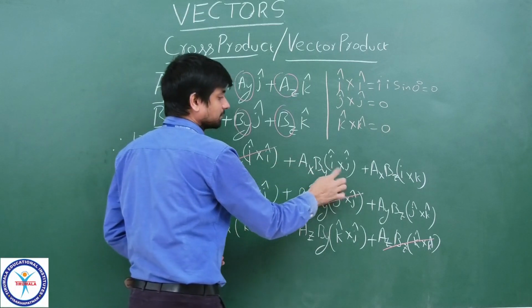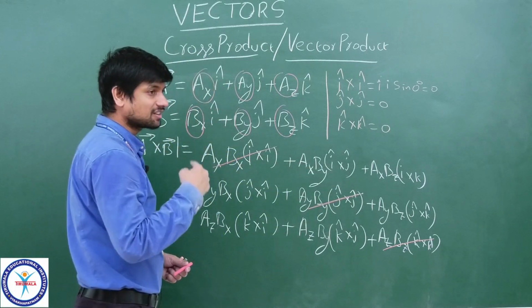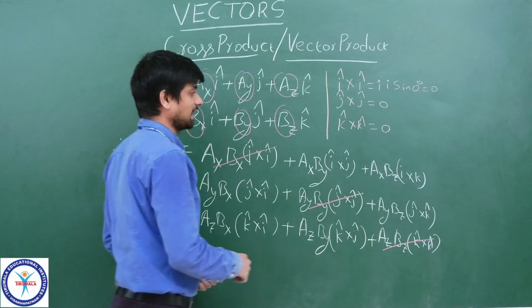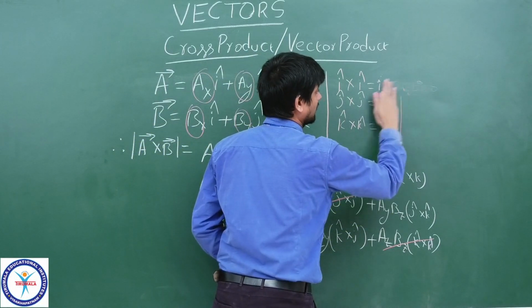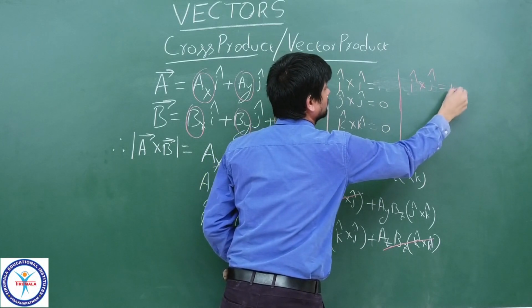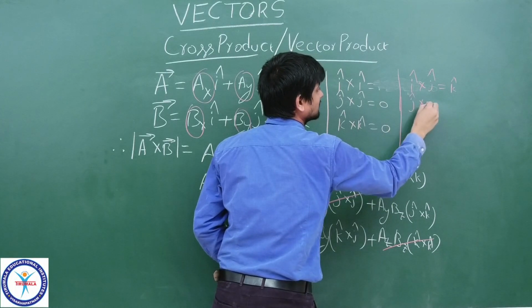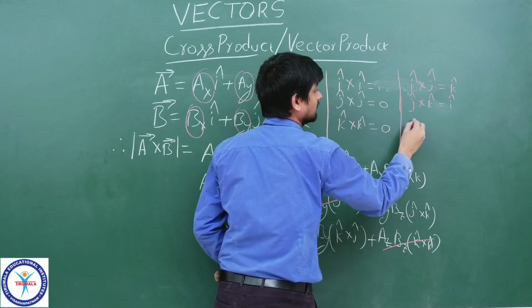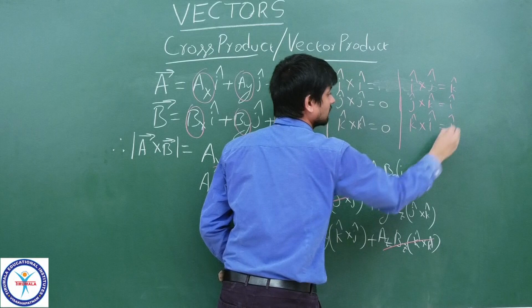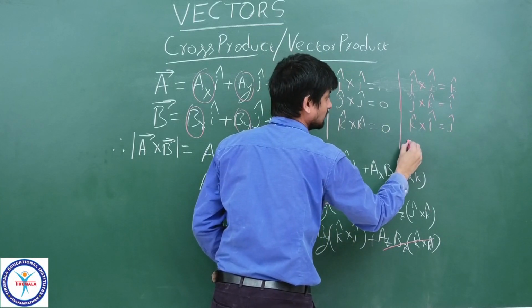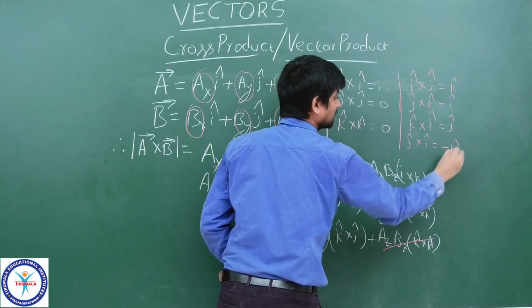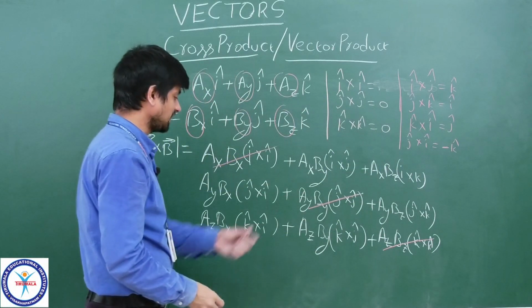Again, i cross j, what is that? k vector. i cross j gives you k vector. I am writing here, children, arranging this. i cross j gives you k, j cross k gives you i, k cap cross i cap gives you j. But in the reverse case, j cap cross i gives you minus k. In that way, just apply here. What do you get, children?